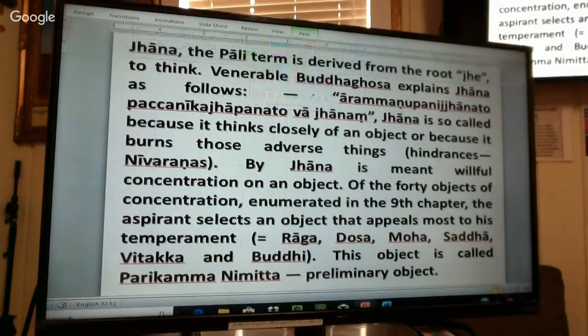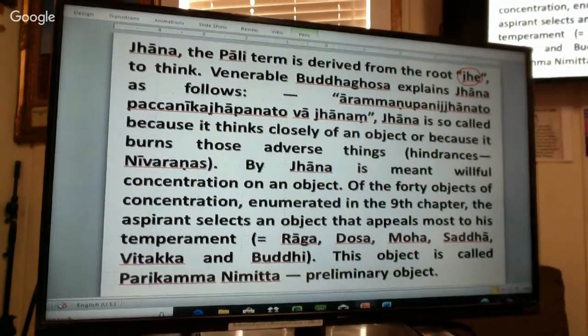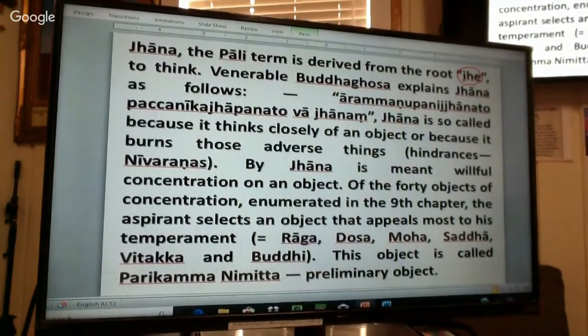Jhana is a Pali term. It's derived from the root jha. Jha means to think, but not just normal thinking. Thinking means thinking only on a special meditation object, not thinking about various kinds of objects. Think only on a special object.